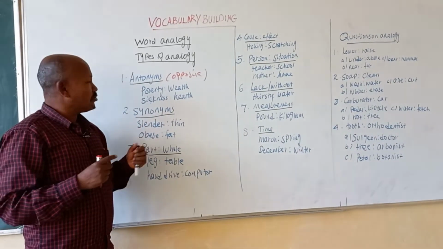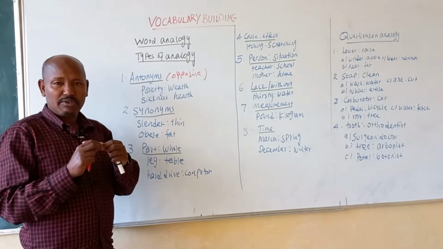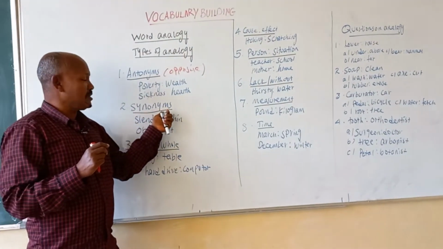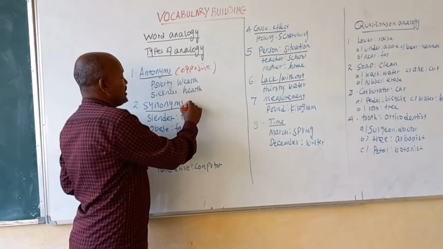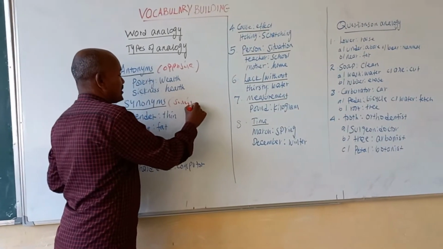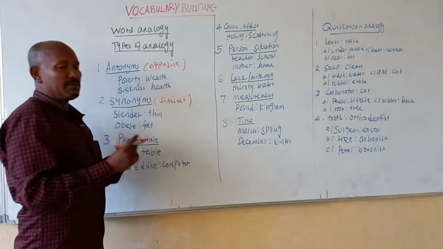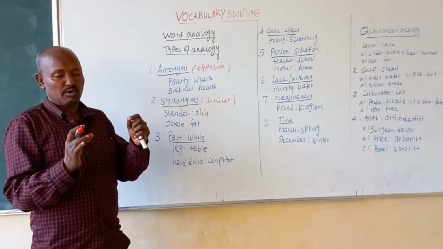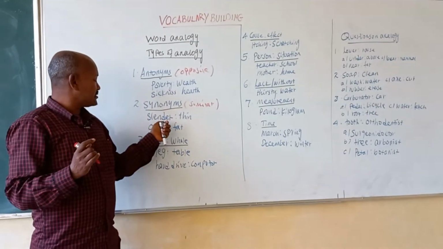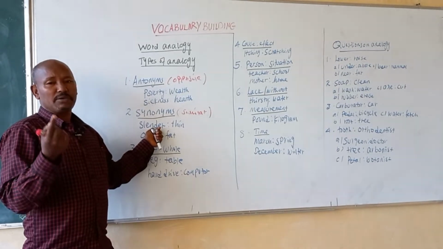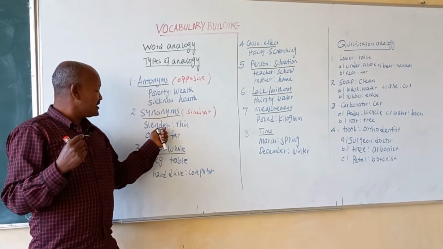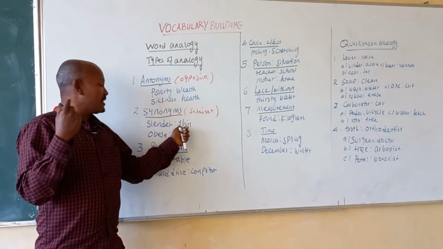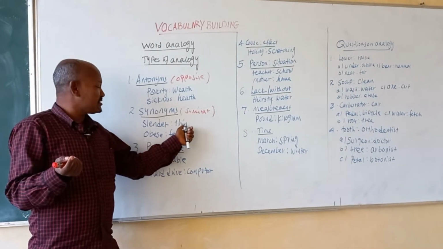The other type of analogy is words correlated with synonyms. Synonyms means similar: words which have similar meaning and similar definition. Here, cylinder is paired with, or correlates with, thin.